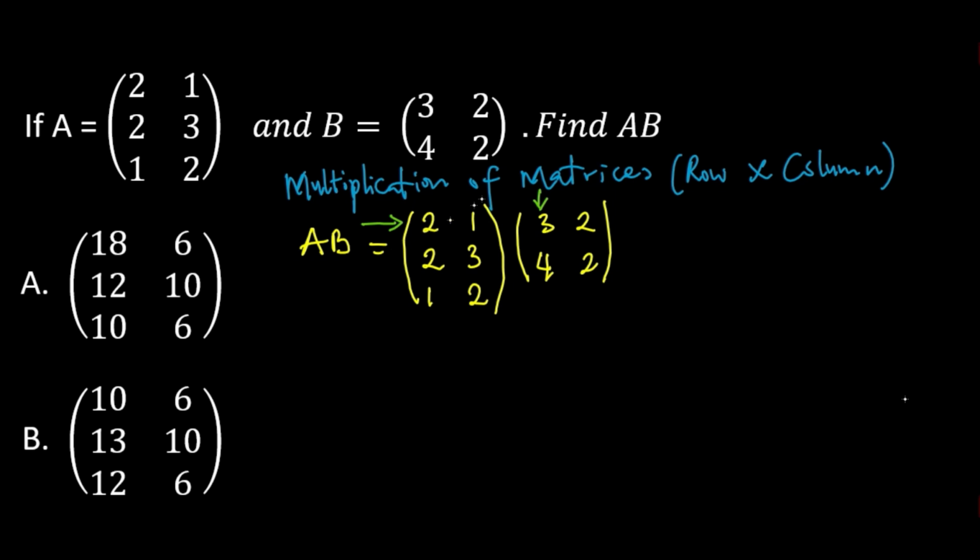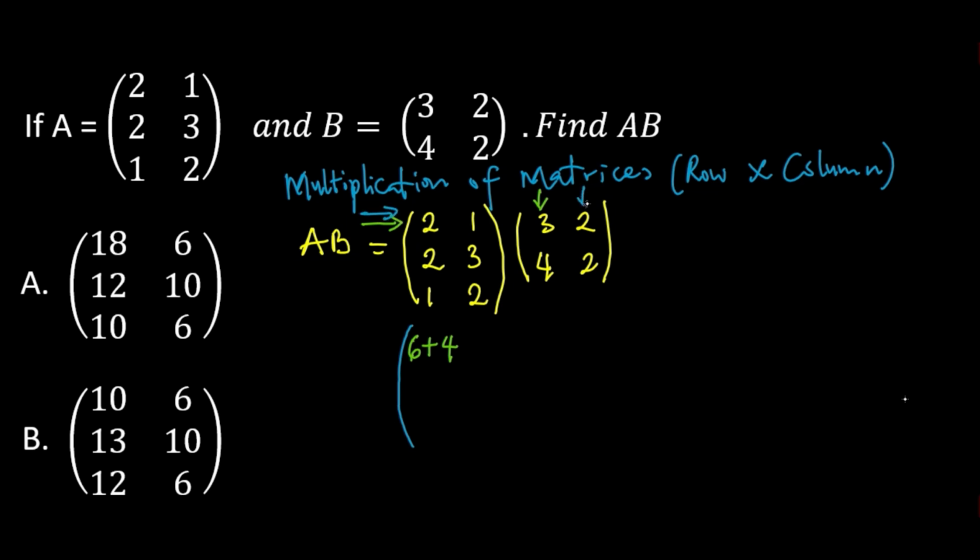So the first element in the row of A, which is 2, we multiply the first element in the column of B, which is 3. So we have 2 times 3 there, which will give us 6. And the second element in A multiplies the second element in B also, 1 times 4.